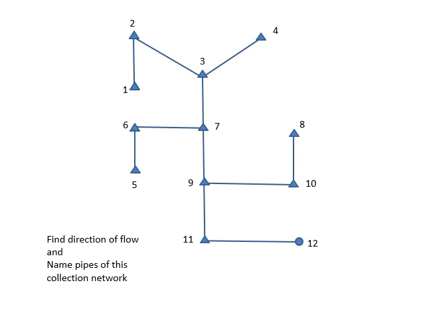This is a simple exercise where we have one source and one sink, and this is a collection network, and we want to know the direction of flow, and we would like to name the pipes from the previous knowledge and the explanation made in the previous slides.